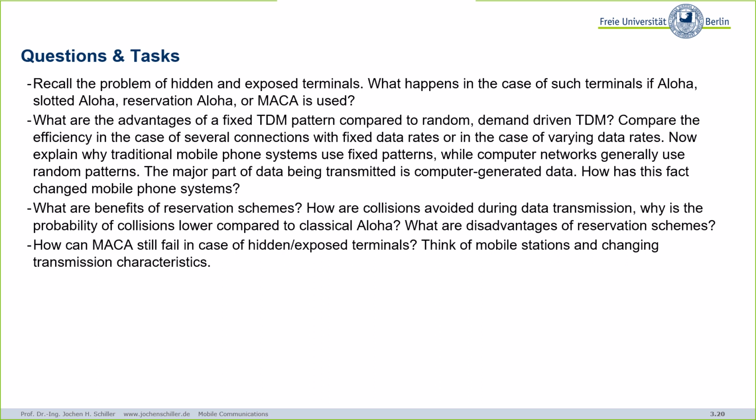Okay, the fact that we now have more and more computer-generated traffic. Well, indeed, we have way more computer-generated compared to human-generated traffic.